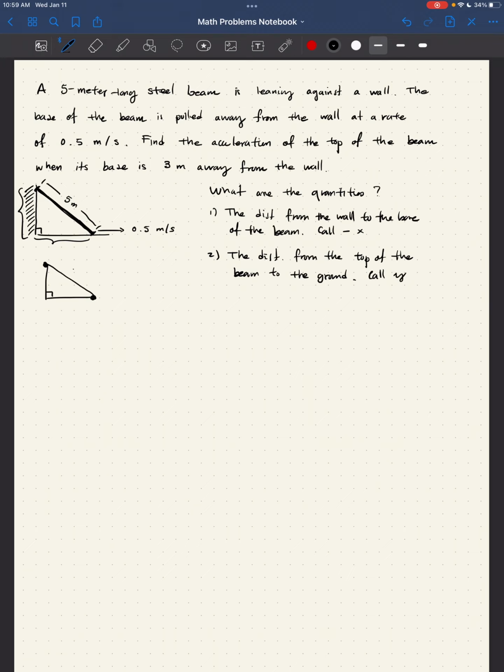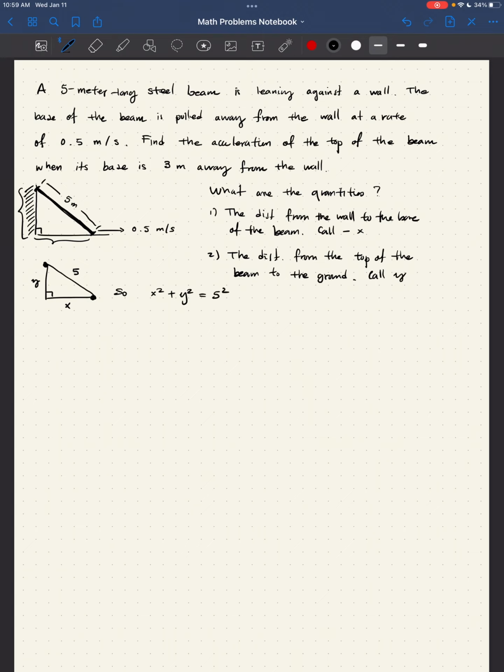The distance indicated here in the hypotenuse of this triangle is 5, as it is just the length of the beam itself. This one is what we call y, and this one is what we call x. Based on this observation, we have the following. x squared plus y squared is equal to 5 squared, by the Pythagorean theorem.